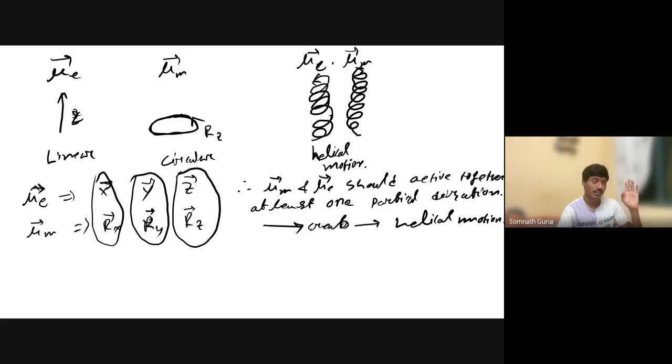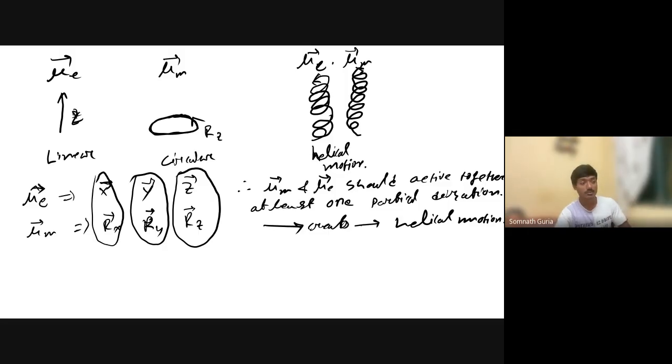In a chiral molecule, they have the left hand circularly helical motion as well as the right hand circularly helical motion forming together, and they are not differentiable in particular. So that's why in the racemic mixture we have the equal amount of left hand helical motion and the equal amount of right hand helical motion.